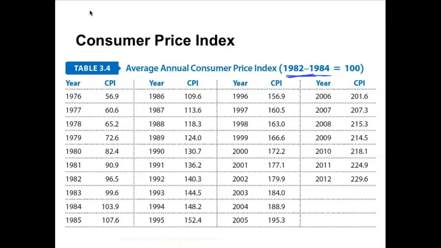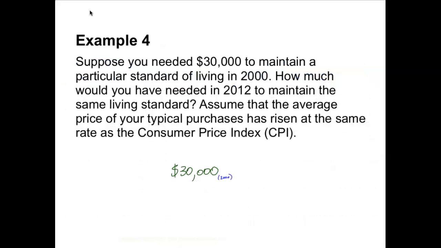So basically, before I actually look them up, we're going to take the CPI for the year 2012, and we're going to divide it by the CPI for the year 2000.